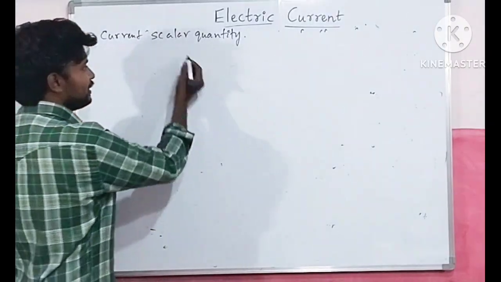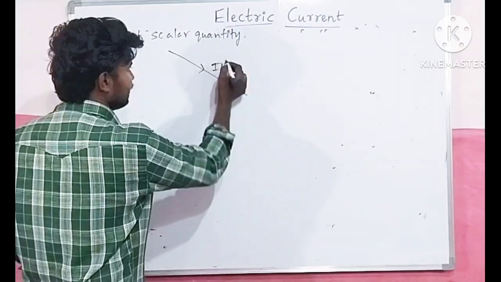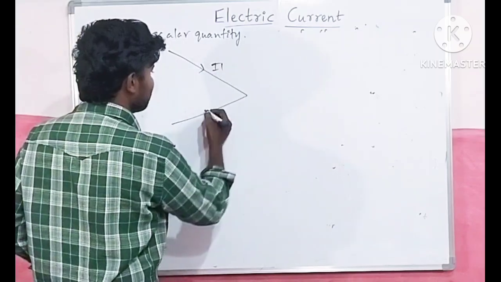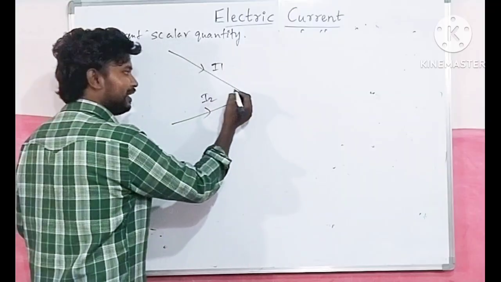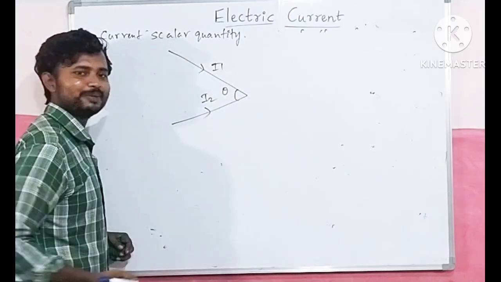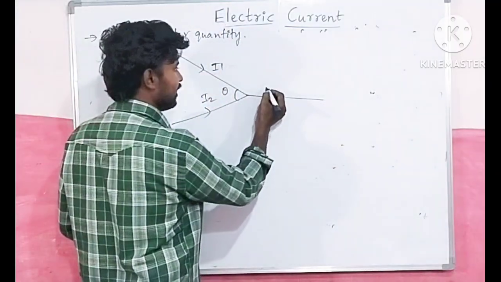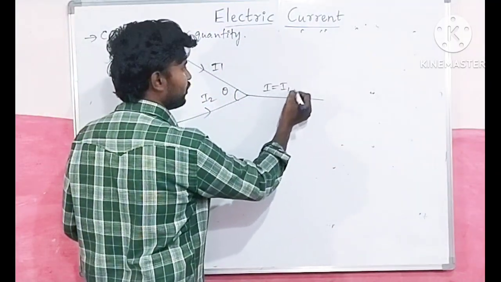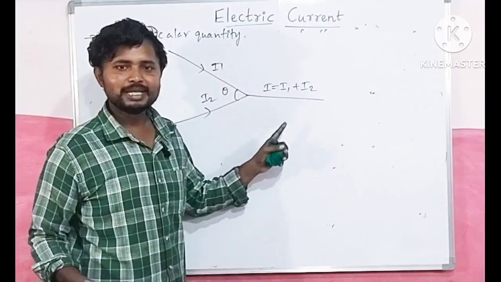For example, the current I1 is coming in this direction. Next, the current I2 is coming in this direction. Whatever the angle between I1 and I2, the total current is I equal to I1 plus I2.